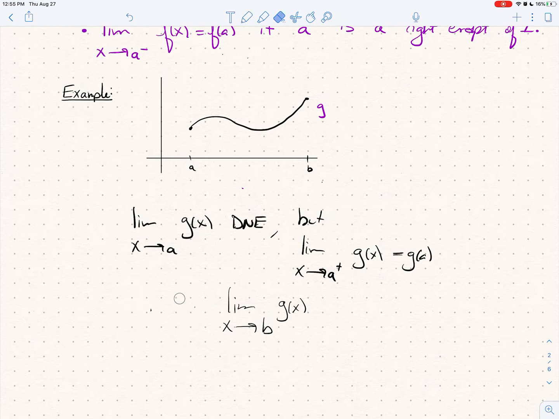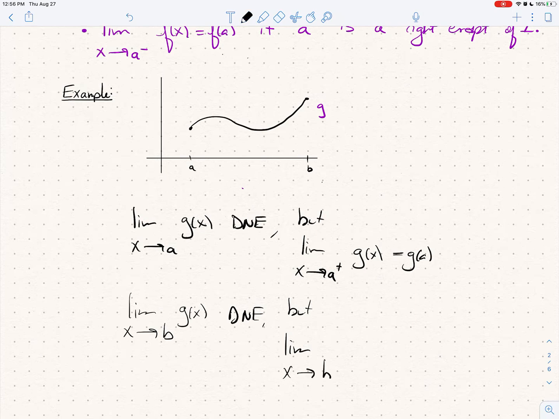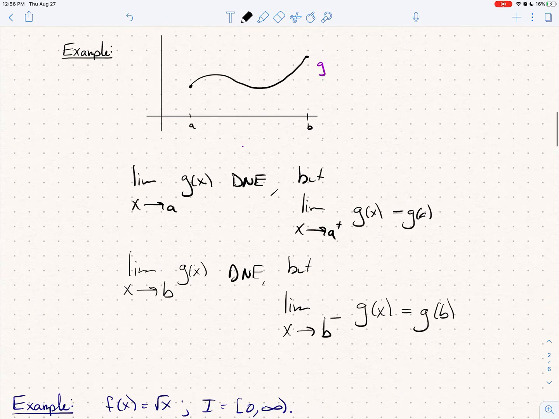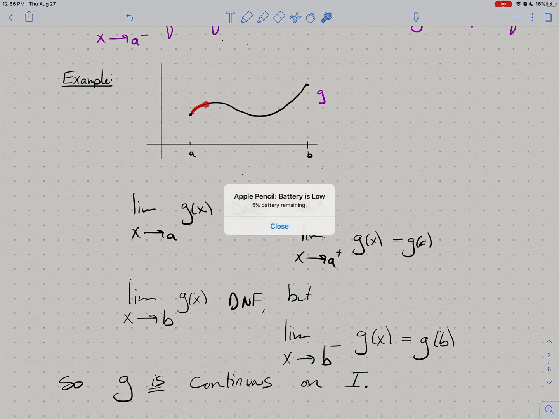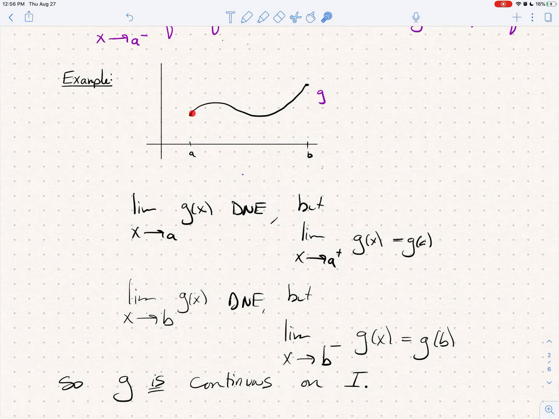Let's erase "same," and let's say this limit doesn't exist, but the limit as x goes to B from the left of g of x is, in fact, g of B. And so you can see that g is continuous on the interval I. The main thing that I want you to see here is just visually that we're going to call this situation, we're going to say that g is continuous on this interval.